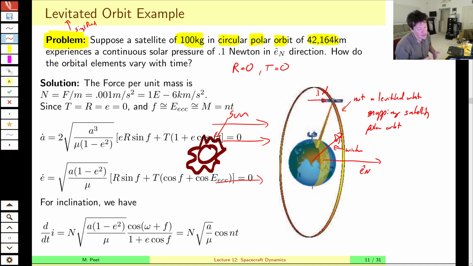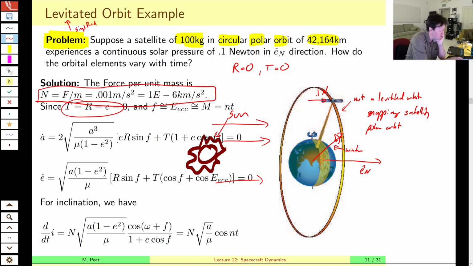So in reality, of course, this orbit is true. It's just that the orbital elements are slightly different because they're measured in the equatorial ECI coordinates and not the heliocentric coordinates. In any case, our first step is to calculate the R, T, and N. There's actually only one of these components; T equals R equals 0.